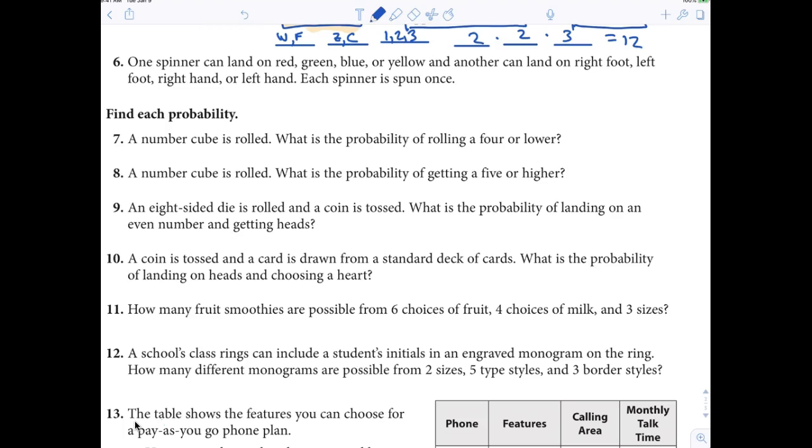Right? And you're also going to spin for? Right. So how many things are you going to be doing? How many times are you going to spin the spinner? Read the last part. What does it say? If each spinner is spun once, how many times are you spinning?